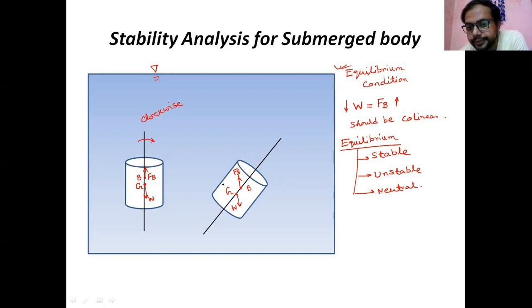Now the force is like this: FB is upwards and W is downwards. So FB and W are displaced from the equilibrium condition, and this tries to give one couple in the anti-clockwise direction.